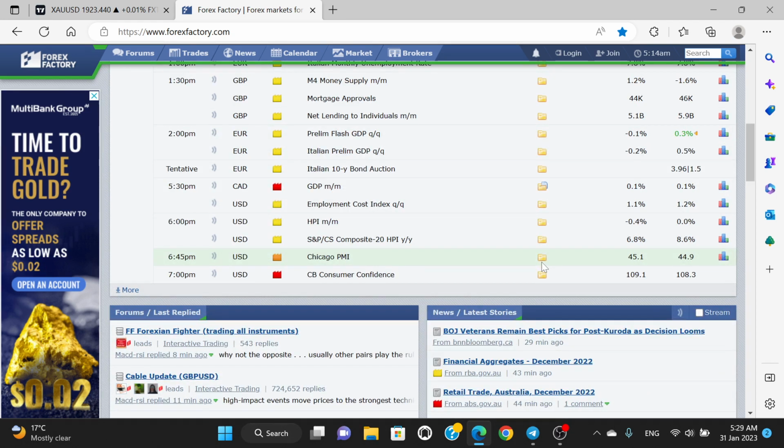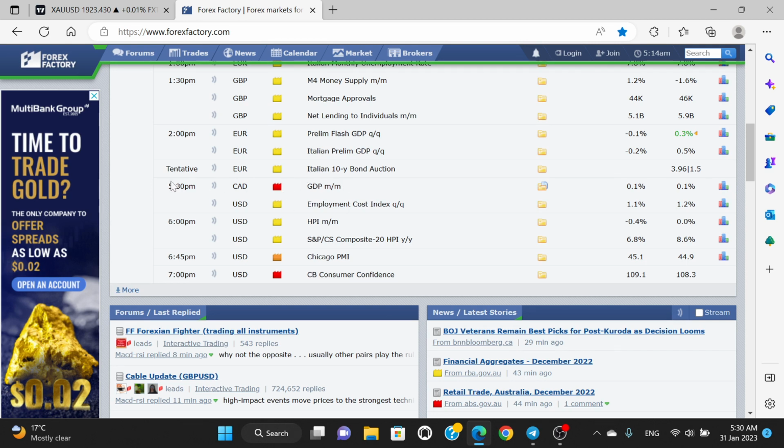The two most important indicators today are the Canadian GDP and the CB consumer confidence. With the Canadian GDP, you have seen how the CPI data in Canada last time pushed the gold up, and we expect to see a good GDP for Canada. If positive data comes, then that will push the price of gold.